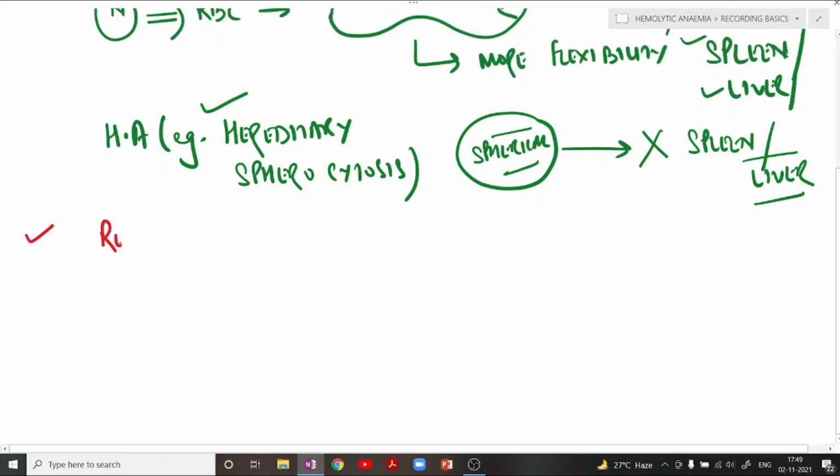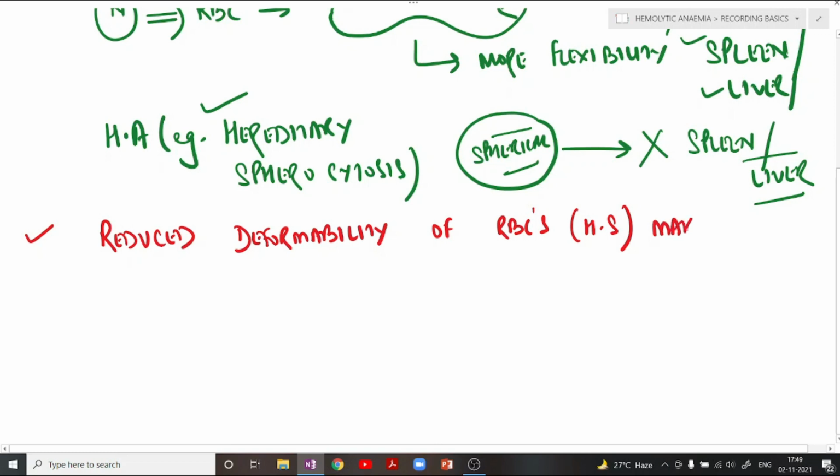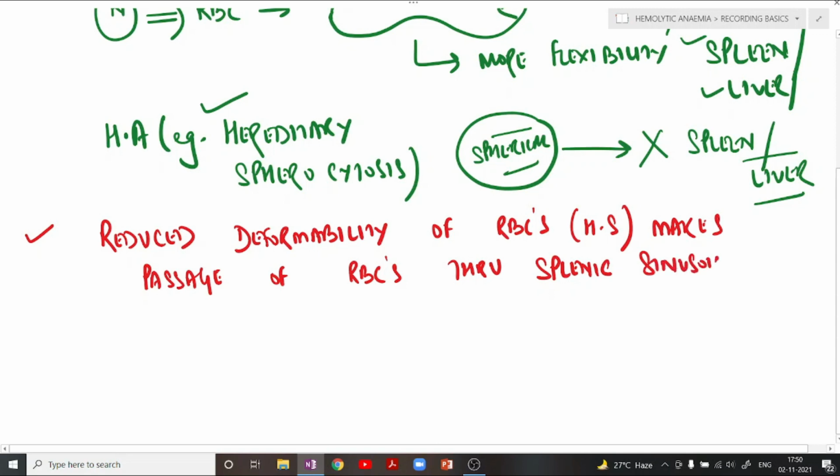So whenever there is reduced deformability of the RBCs, as in certain hemolytic anemias, as I spoke about hereditary spherocytosis, it makes the passage of RBCs through the spleen, through the splenic sinusoids, difficult.